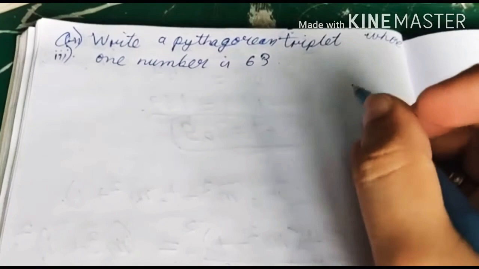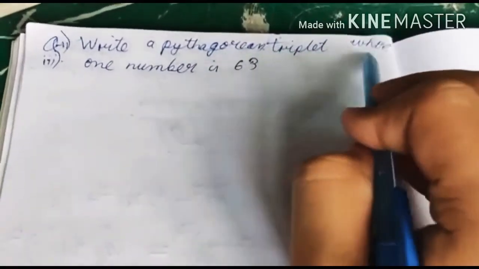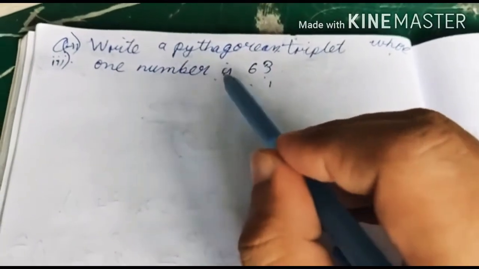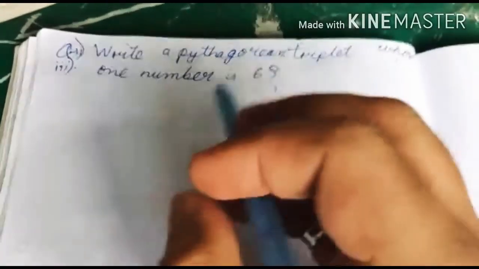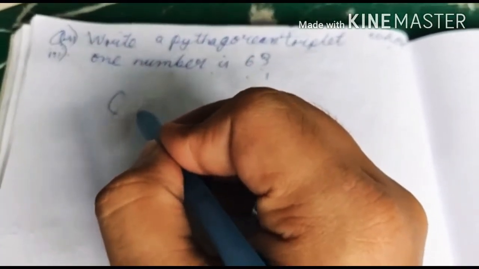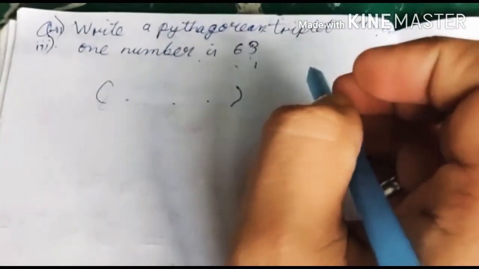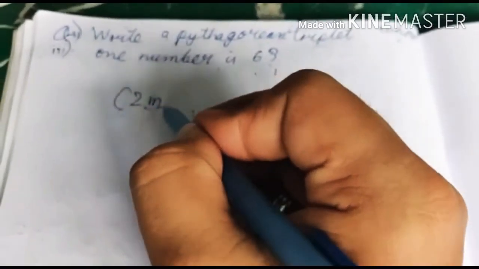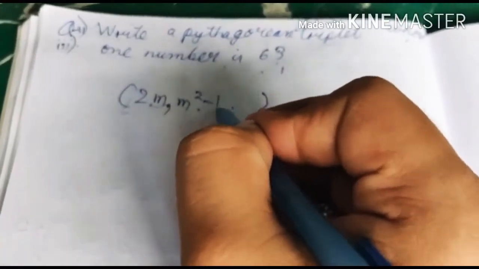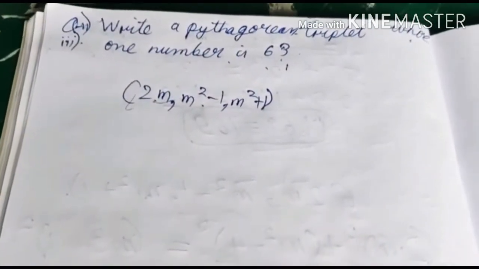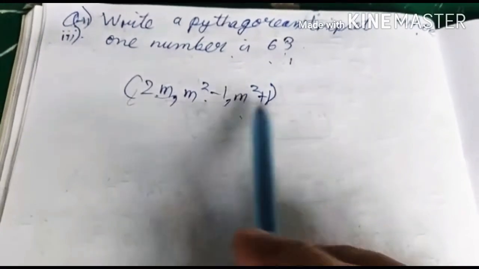Our question here is: write a Pythagorean triplet whose one number is 63. The question says that we have to find a set of three numbers which forms a Pythagorean triplet, and the general form of this set was this.